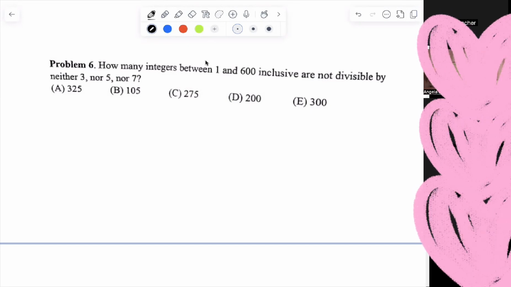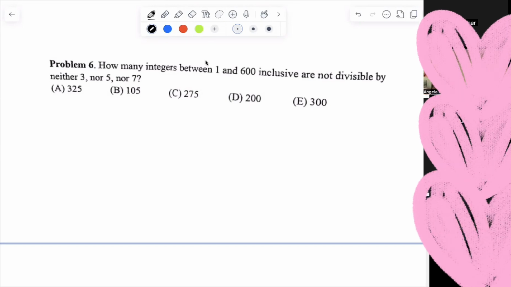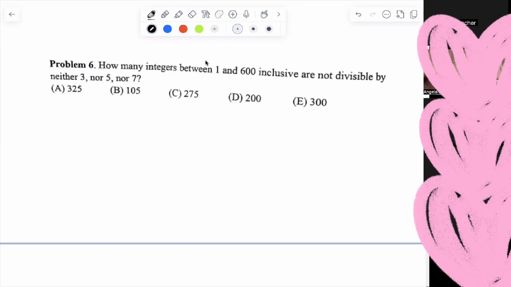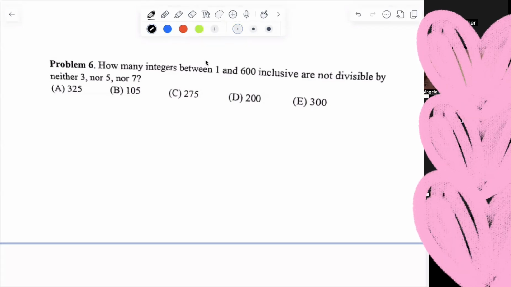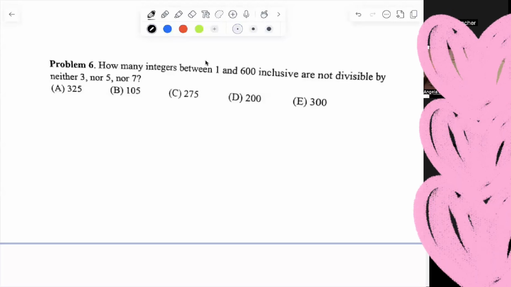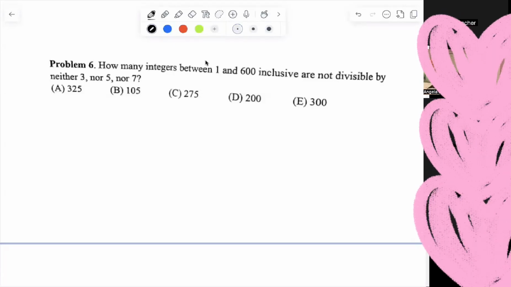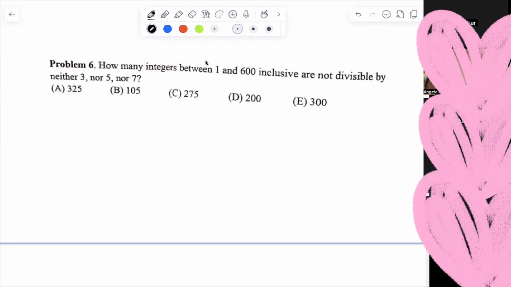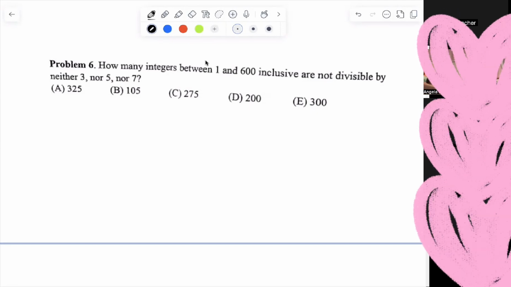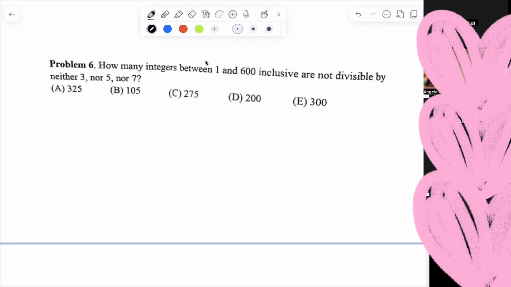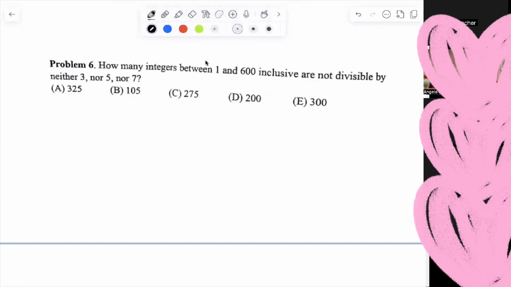First, we use complementary counting, meaning counting the opposite. So we want to find how many are divisible by 3, 5, or 7, and then subtract it from the total amount, 600, to find how many are neither 3, nor 5, nor 7.